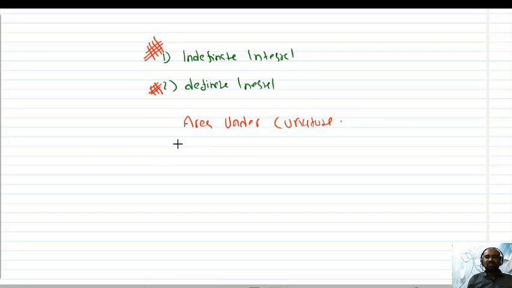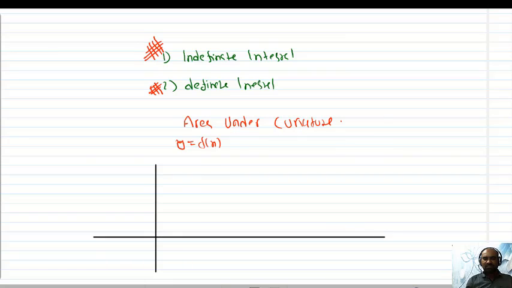Listen, students, one important thing: area under a curve. Say y equal to f of x is a differentiable function. For example, its graph is given like this. This is the y axis and this is the x axis. This is the graph of y equal to f of x.